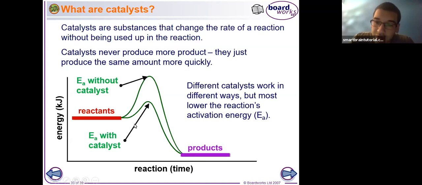So the function of a catalyst is to reduce the amount of activation energy of a chemical reaction. So when catalysts reduce this amount of energy, the reaction will be faster because more particles will have the activation energy. So activation energy is the energy needed to give a successful collision and a successful reaction.